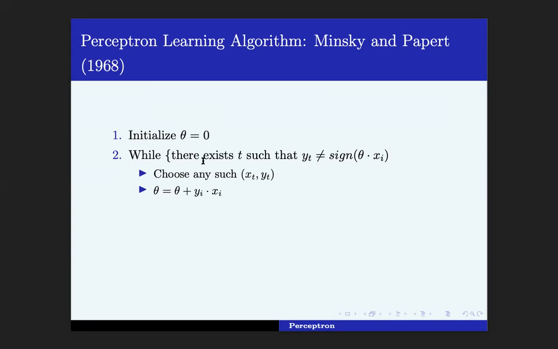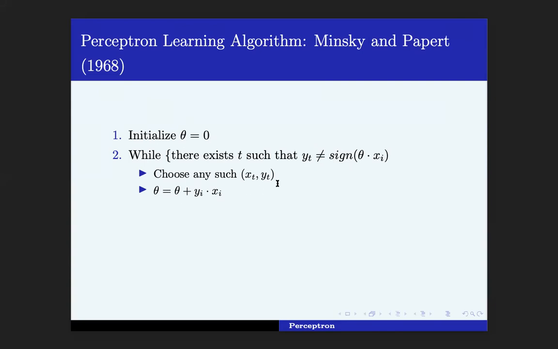Now, while there exists some t which is misclassified, such that y_t is not equal to sign of theta dot x_t, this is a misclassified point. What do I do? I update theta.